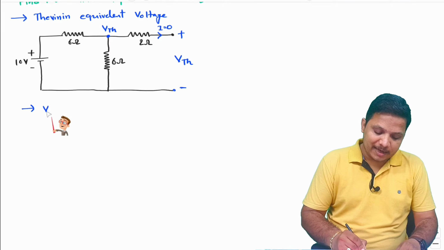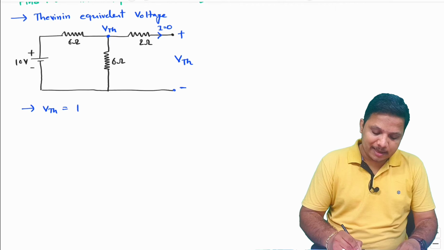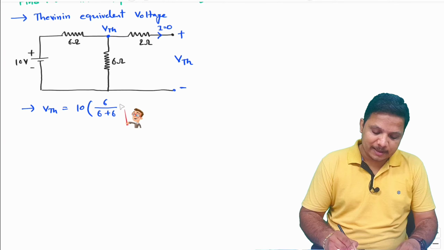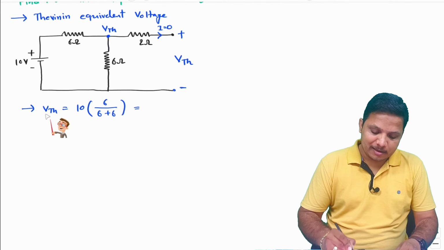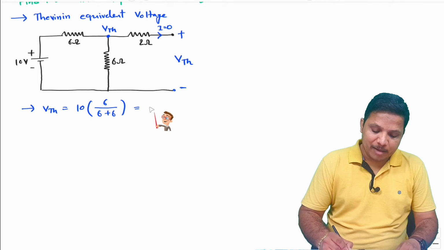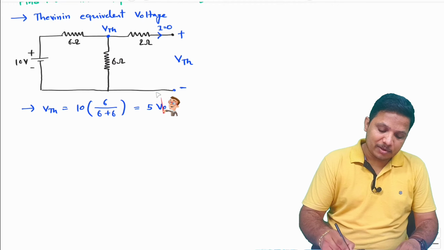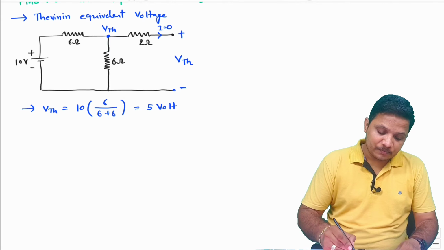So VTH is the total voltage, that is 10, into the voltage across this resistor, that is 6, divided by the total resistance, 6 plus 6. So VTH is 10 by 2, that is 5 volts. So VTH for this circuit is 5 volts.